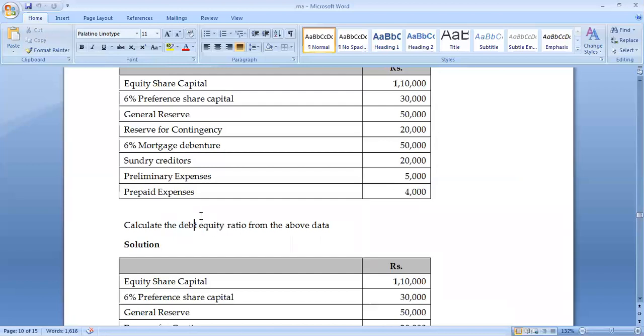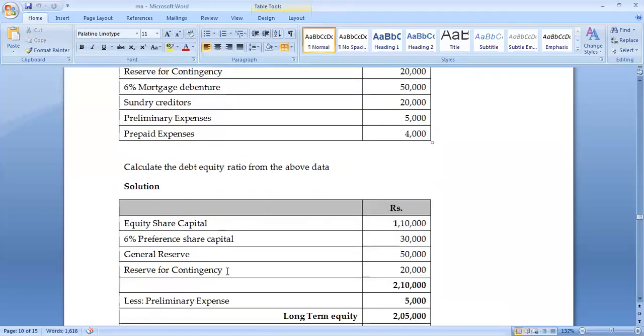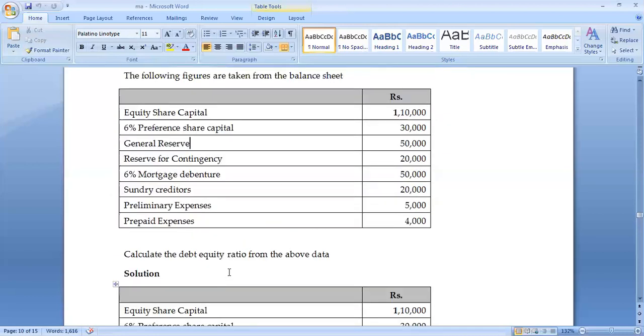Know what is debt now. So the 6% mortgage debenture, this 50,000, is the debt. The first portion of information for the debt equity ratio is calculated. Now let us see what the equity is. Equity includes all the capitals, general reserves, as well as reserve for contingency.